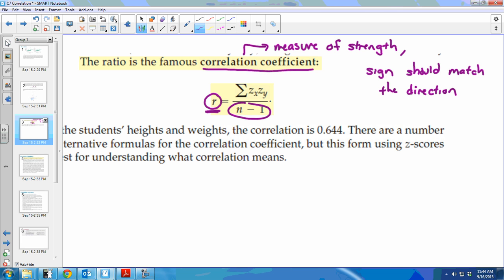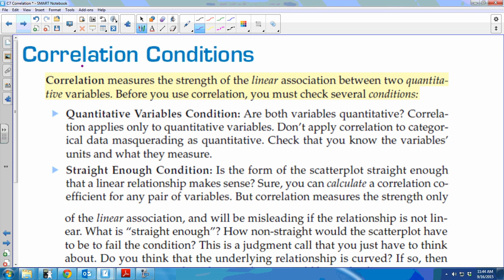Then if you're going to use the correlation, you need to check 3 things. First, you need to make sure you have quantitative variables, 2 quantitative variables. Do not get tricked. A lot of the homework tonight is going to say, criticize this statement, or can these statements be justified? It will be your responsibility to think about things we've talked about today to decide that.